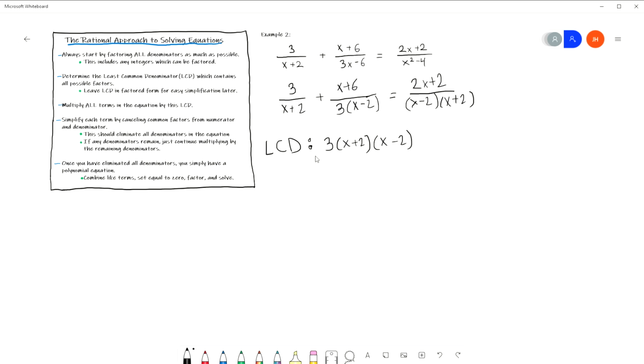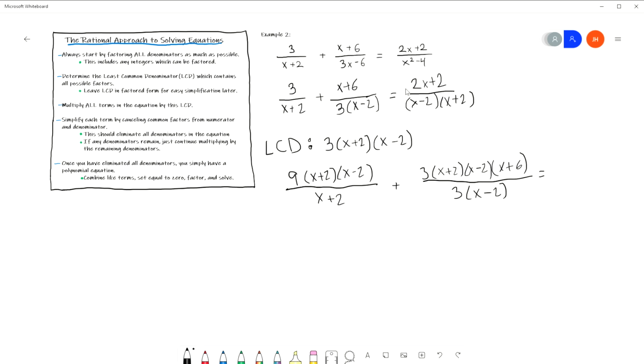That leaves us with 3 times 3. 3 times 3 is 9. I'm going to do that just because. x plus 2, x minus 2, all over x plus 2. Multiplied to this guy, I get 3 times x plus 2 times x minus 2 times the x plus 6, all over 3 times x minus 2.